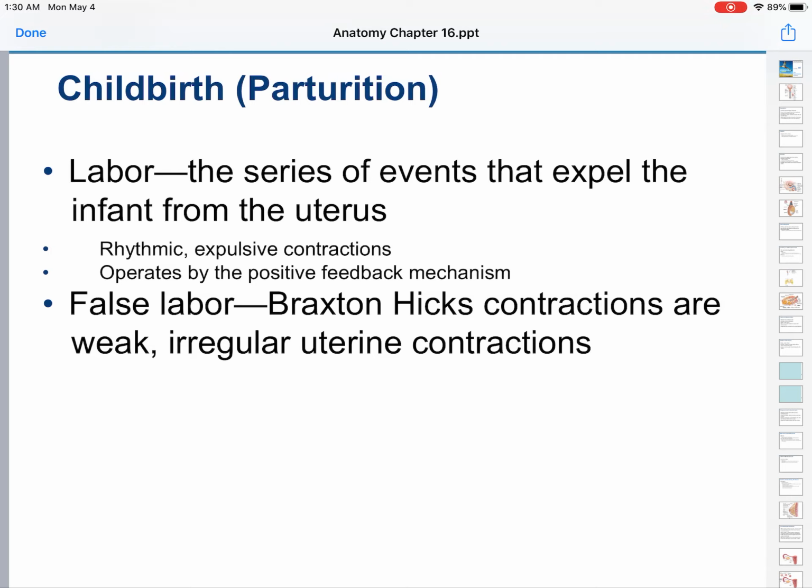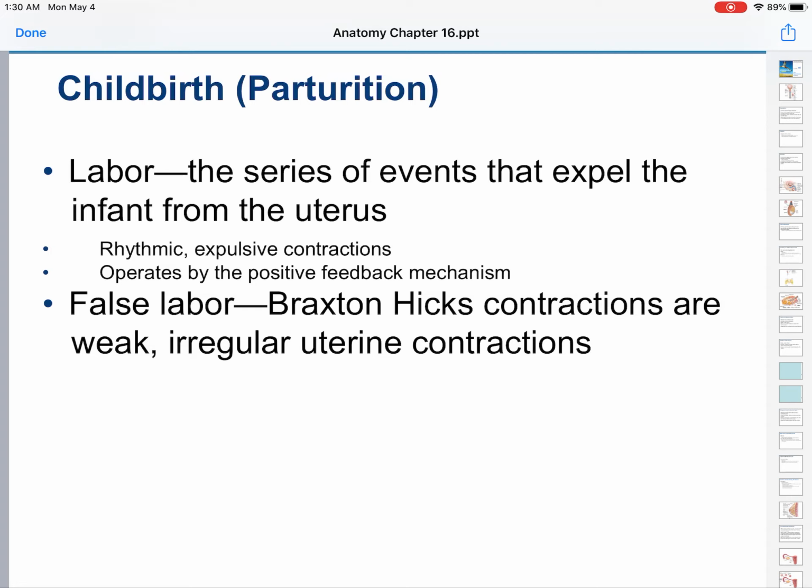These normally manifest in rhythmic, expulsive contractions because you want to squeeze the baby out of your body. So you contract to squeeze it out of the body.